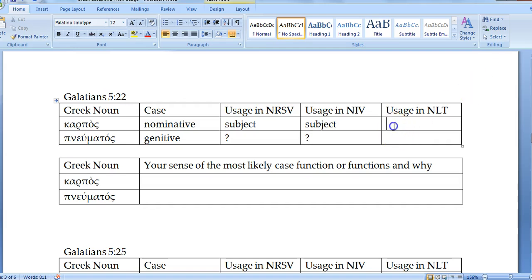So at a formal level, it doesn't correlate closely at all, but grammatically speaking, it has, I think, very accurately, very well given us the meaning of the genitive case pneumatos, understood as a genitive of source or producer.